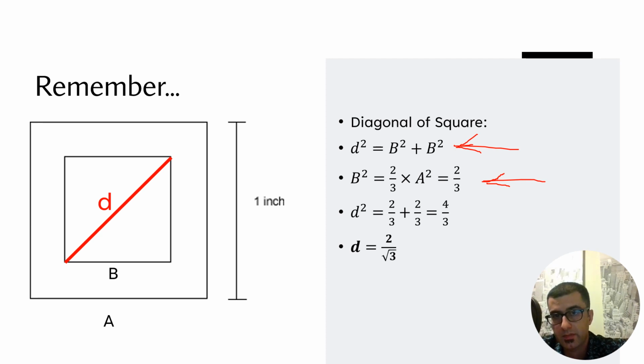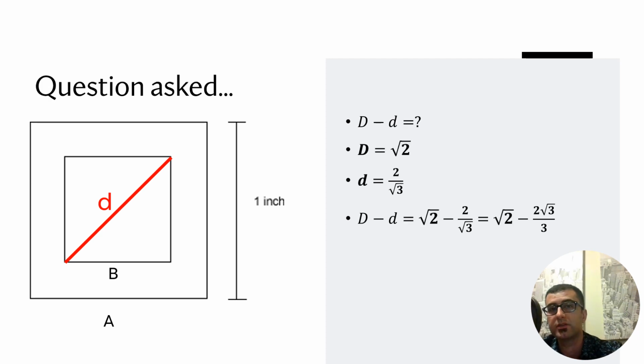And as we put the 2/3 in the first equation, we'll have d squared equal to 4/3, and from that we'll have d equals 2 over square root of 3. So this is the diagonal of the smaller square.